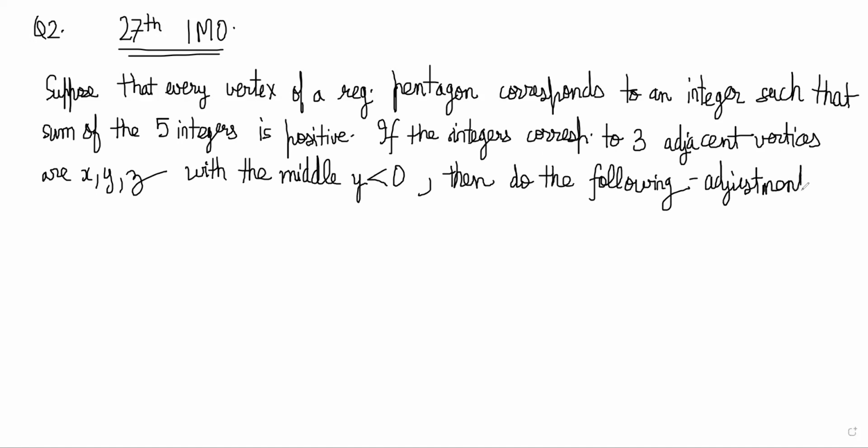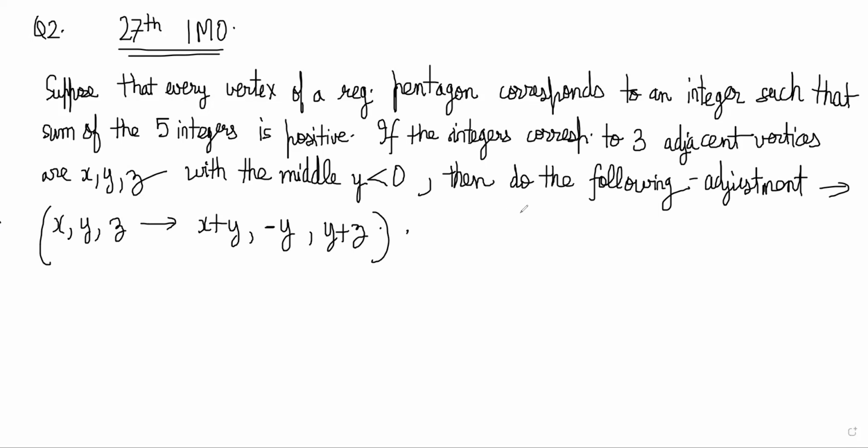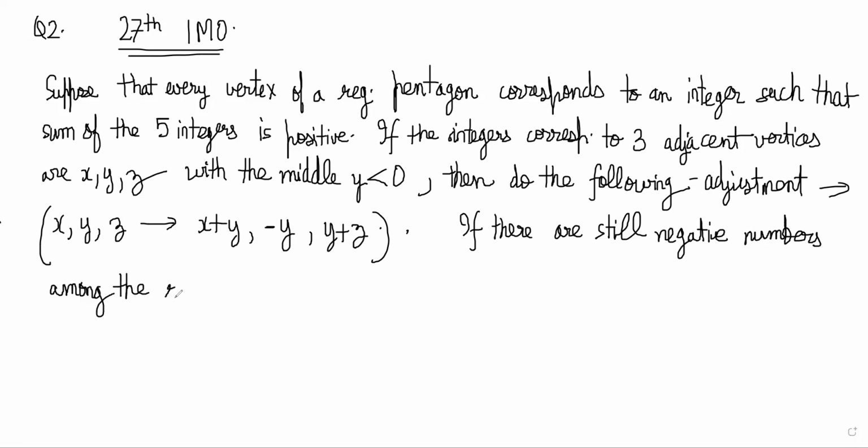What is the adjustment we have to do? We have to replace x, y, z with x plus y, minus y, and y plus z. We have to do this adjustment. If there are still negative numbers among the remaining 5 integers, repeat the process.